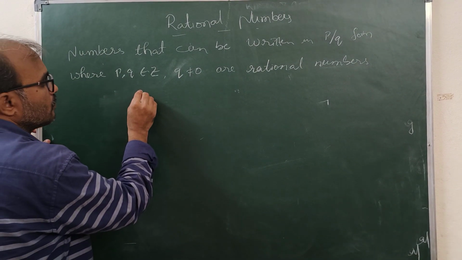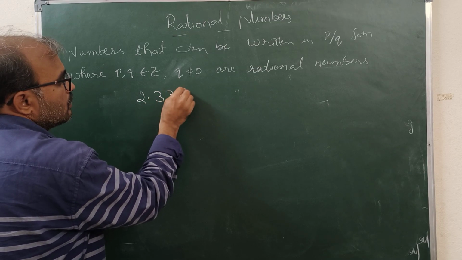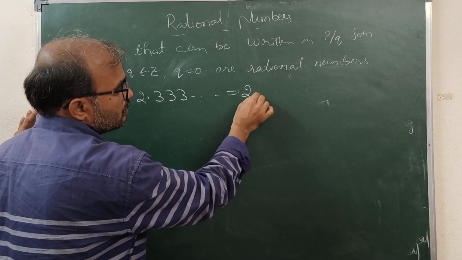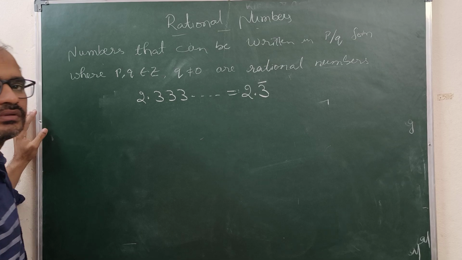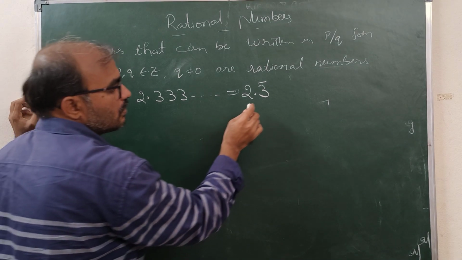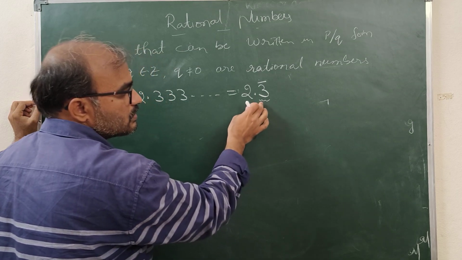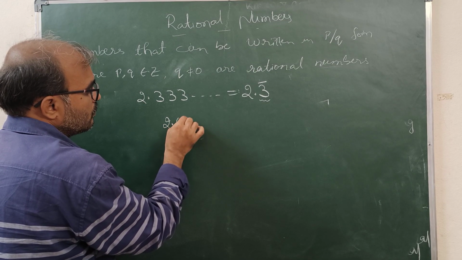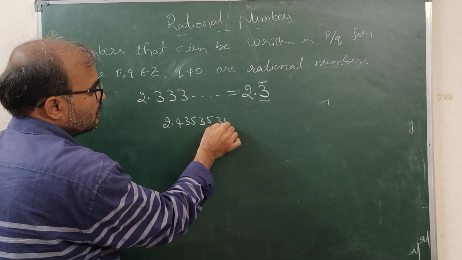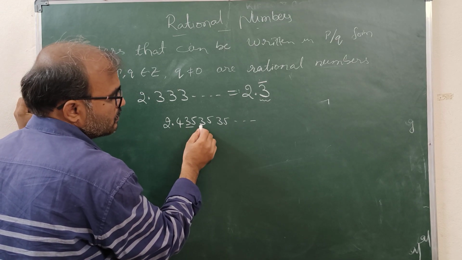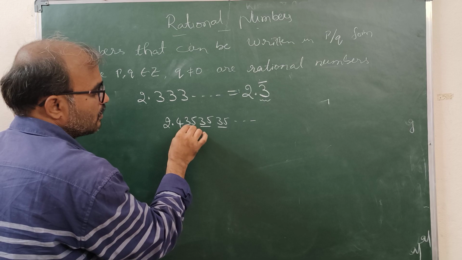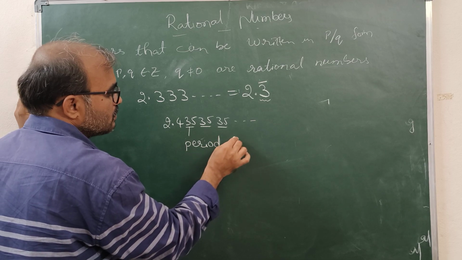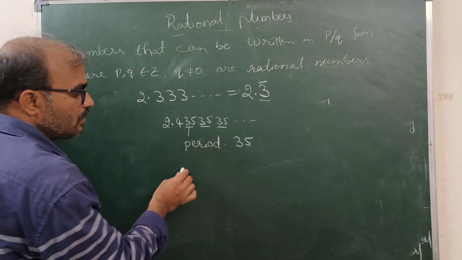Let us convert 2.333... into p by q form. This can also be written in short form as 2.3 bar. Here is the group of numbers in the repeating part. If you write 2.4353535..., the repeating group is 35, and 35 is called the period.